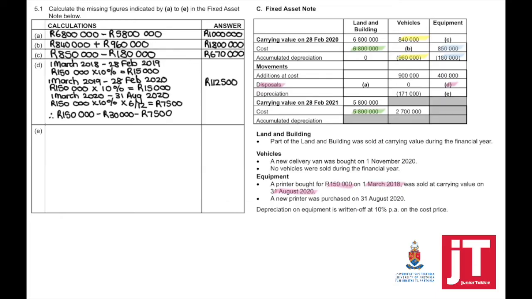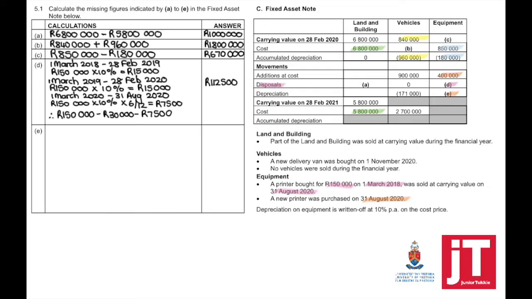To calculate the carrying value, we're going to say 150,000 minus 30,000 minus 7,500. That equals the carrying value, and another word for that is the book value.